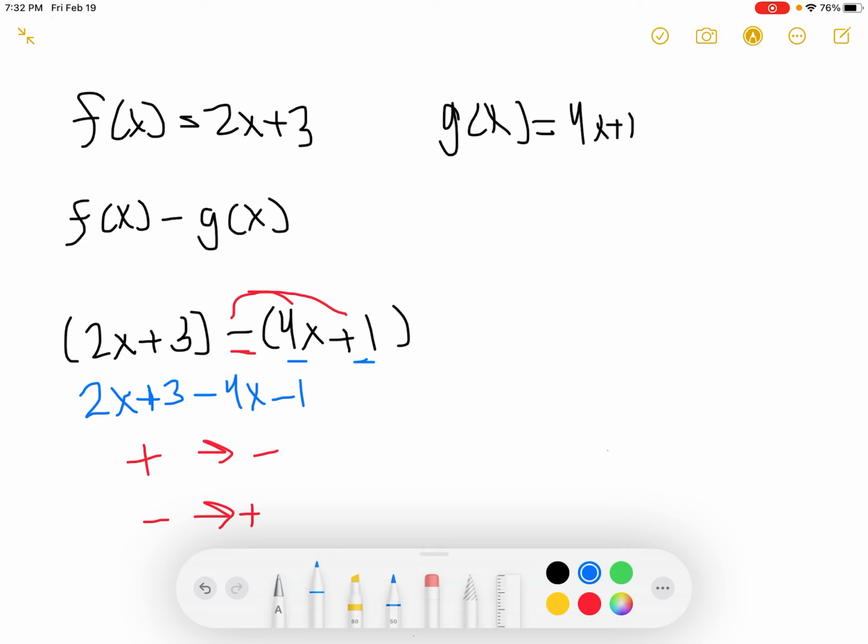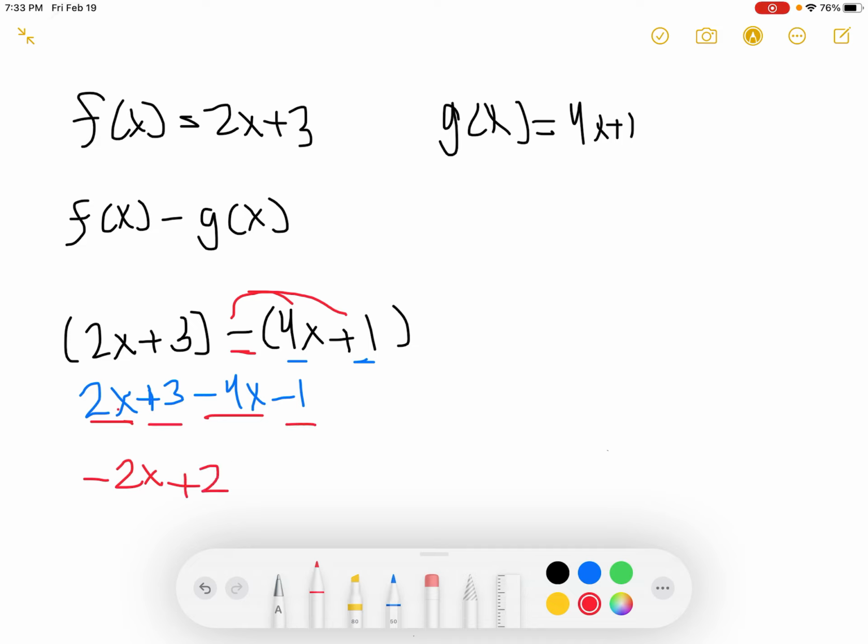Some mistakes students might make is think only 4x needs to be negative, but that 1 needs to go negative too. But if it was negative 1 to start with, you would change it to positive 1. So now we can simplify by combining like terms. We have 2x minus 4x, which is negative 2x, and we have 3 minus 1, which is plus 2.